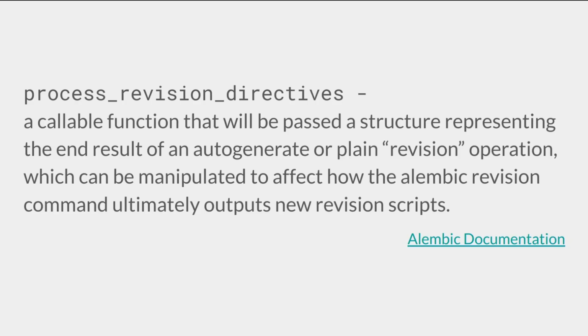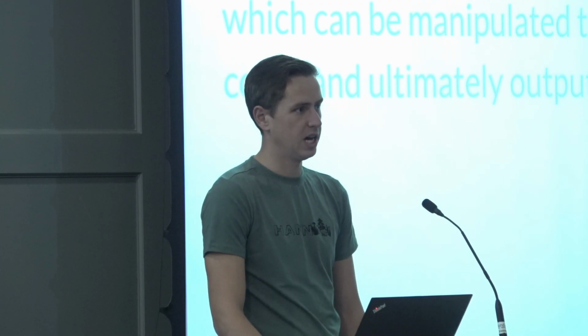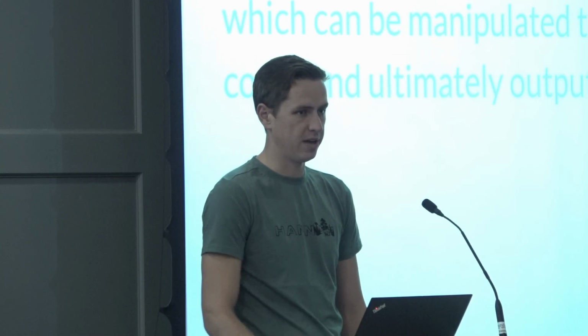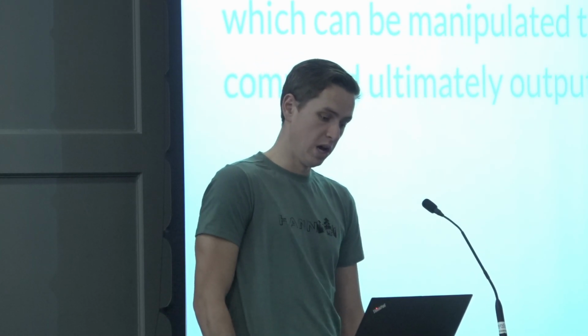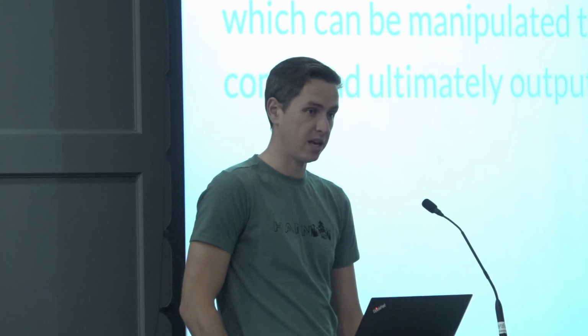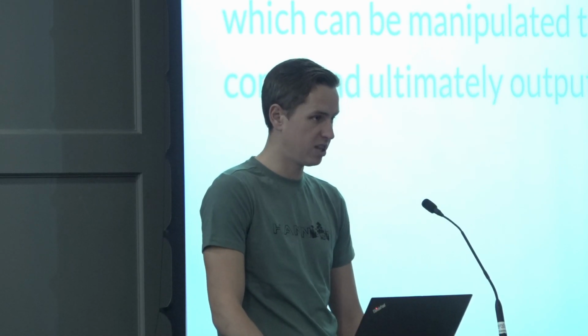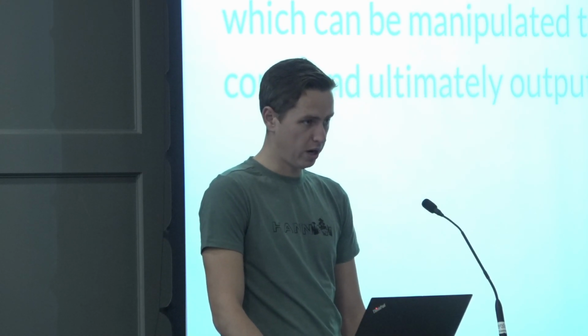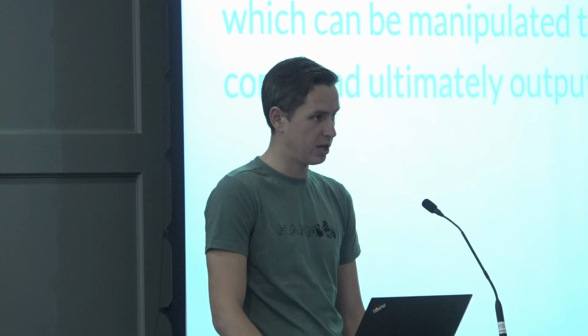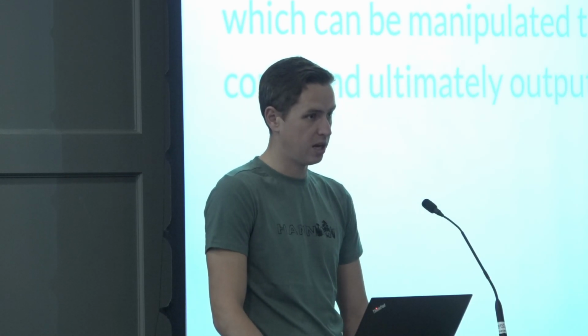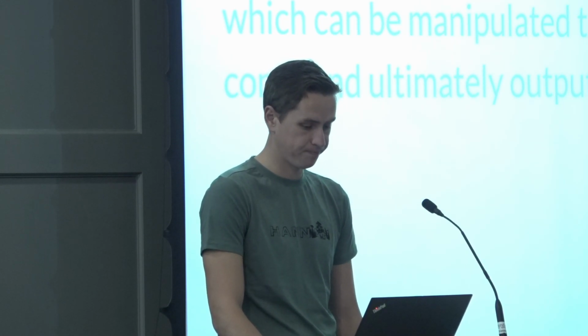And if we look at the docs for that, this is a function that allows you to modify the operations that Alembic's generating. So normally this would be, for example, you wanted to change the output path that your migration files were being saved to. You wanted to inspect them to see if there was something funky going on, or to maybe rewrite them a small bit. We're able to use this as an entry point to start splitting our migration operations into separate files.